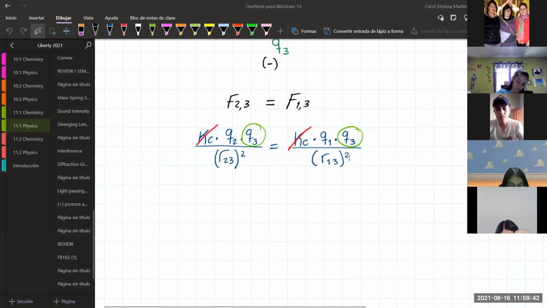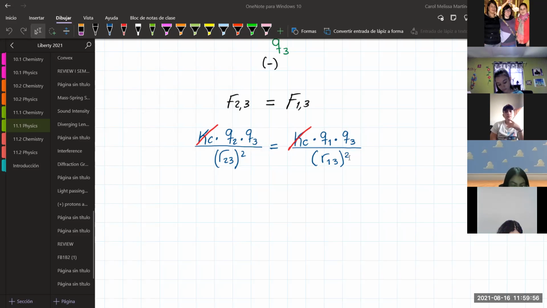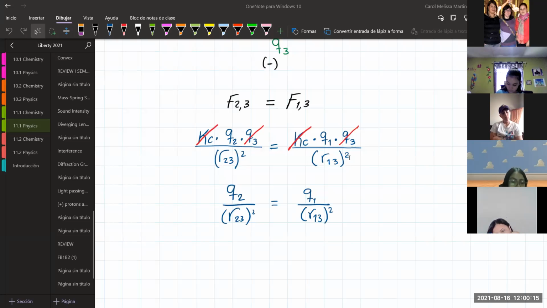That means that it has the same value. And again, the two of them are above, that means that they are multiplying. Because they are the same value and they are doing the same mathematical operation, they are also going to be cancelled. And now the equation is being reduced. Now the equation is Q2 over R23 to the second power equals Q1 divided by R13 to the second power.